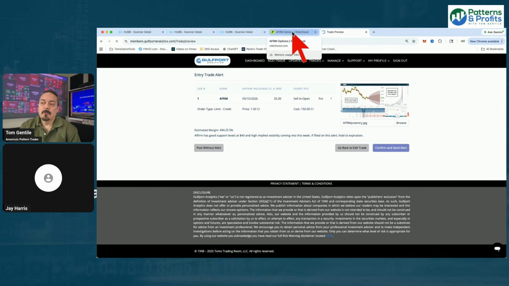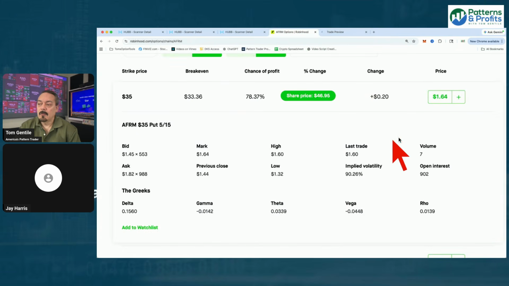So what I want to do is look at the Robinhood again, and I'm going to watch this so you can see the last trade, to see if this thing is going to hit $1.50 or better. And there's 7 on the volume right now. So that's something that I'll follow along and look at.